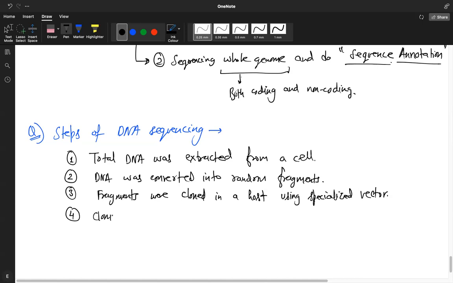So cloning resulted in amplification of each fragment.